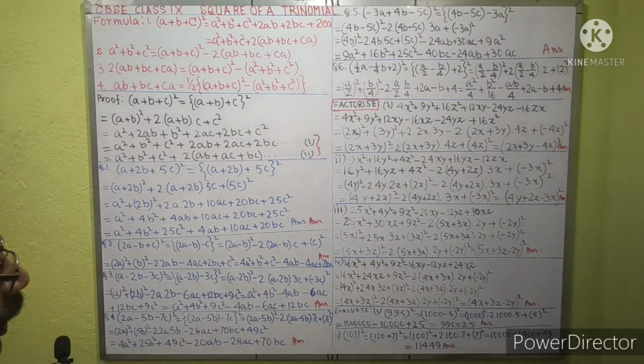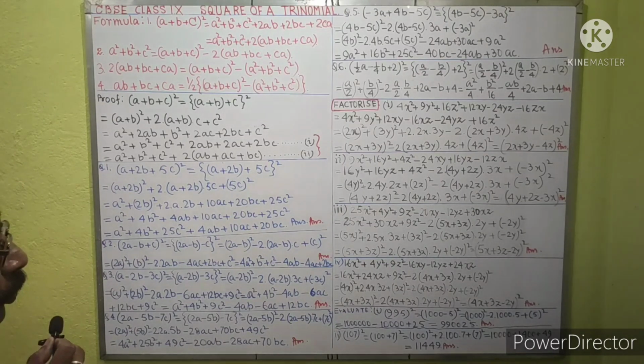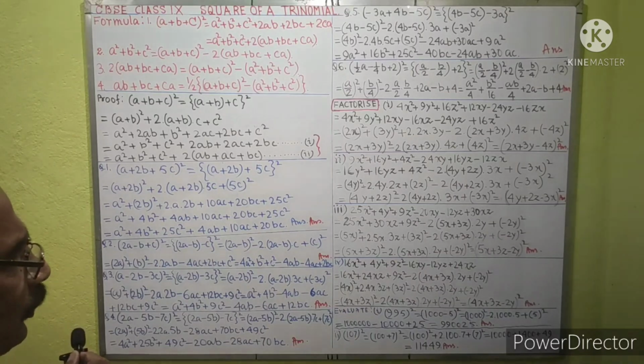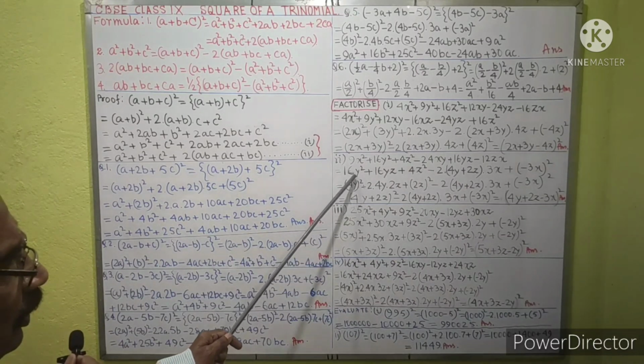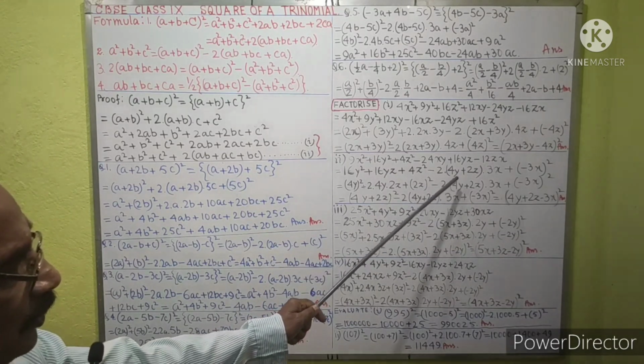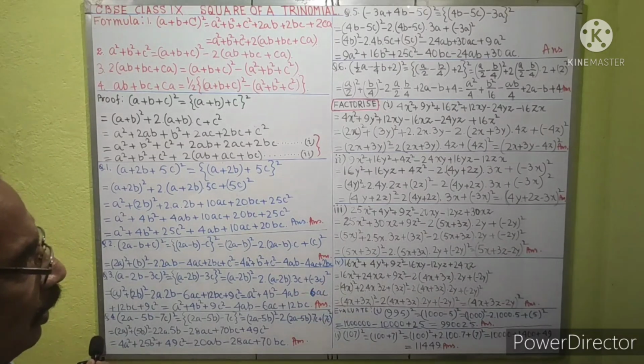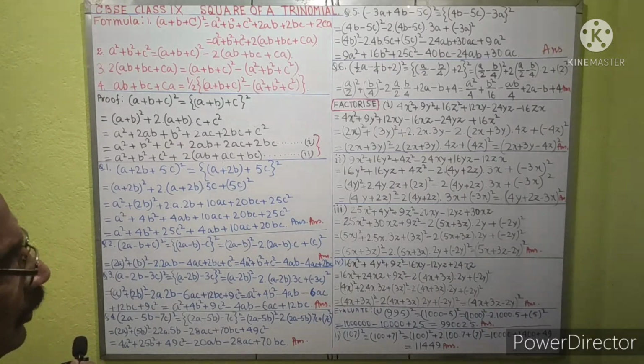Here we have taken 9x square and 16y square plus 16yz and 4z square altogether, then the y and z part, that is 2 into (4y plus 2z), because this will be (a plus b) whole square, and this is a, and that 9x square will be (3x) whole square.